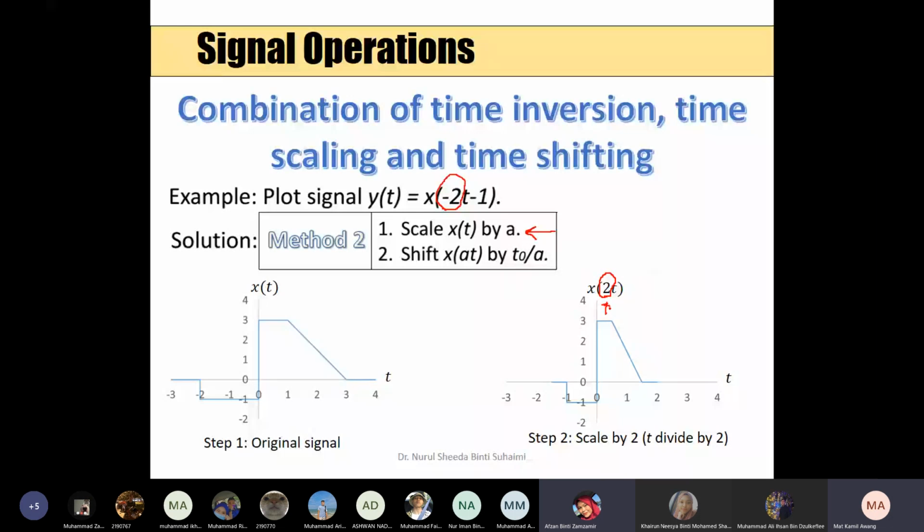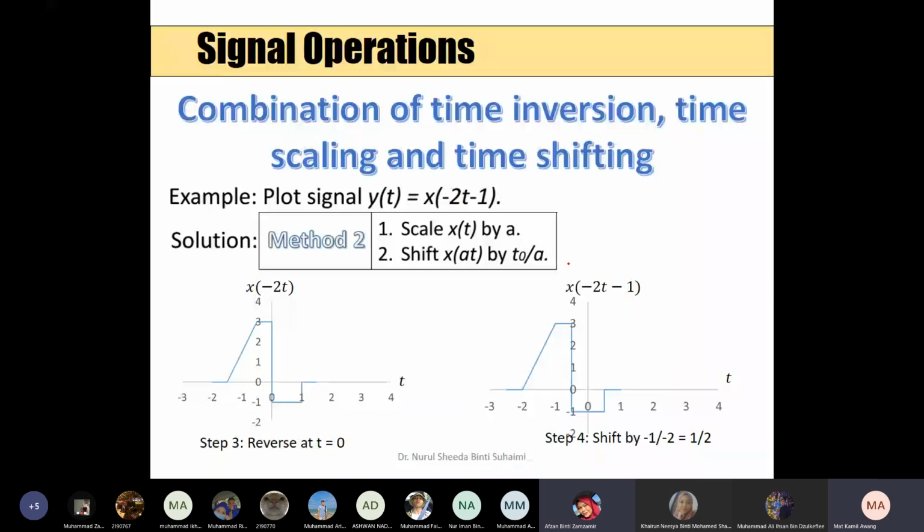The magnitude of a is larger than 1, so it is compressed. Then after that, it does the reversal.